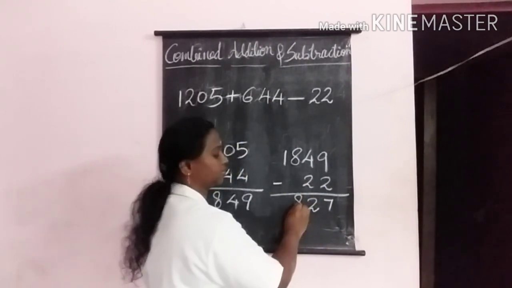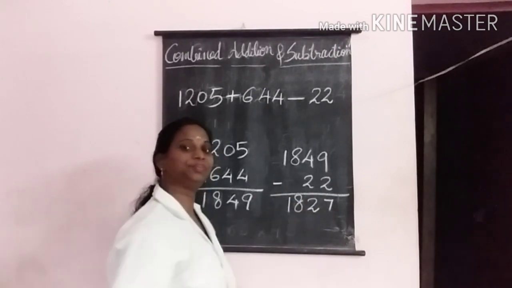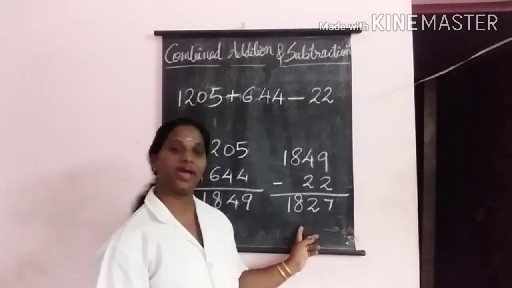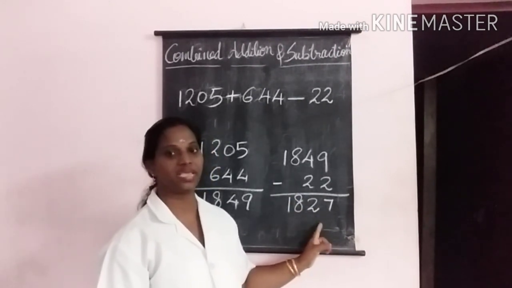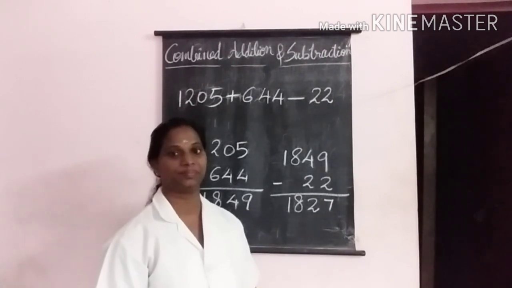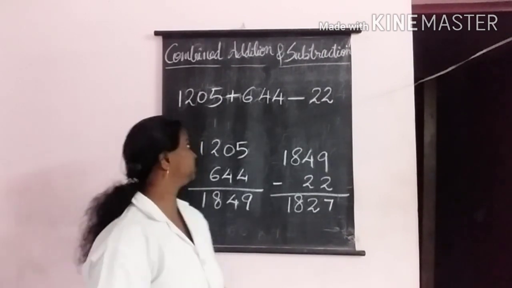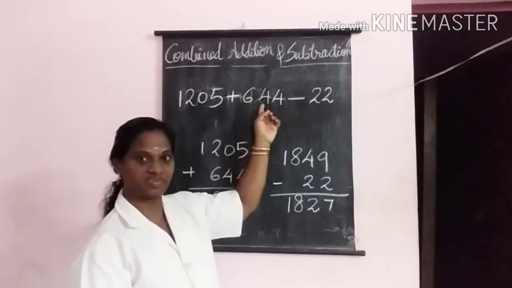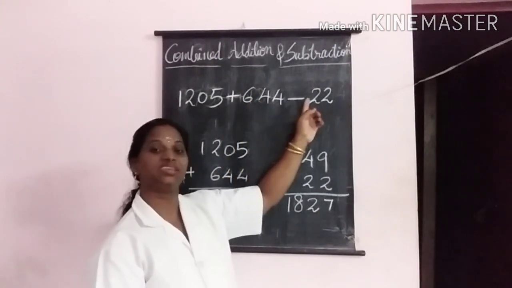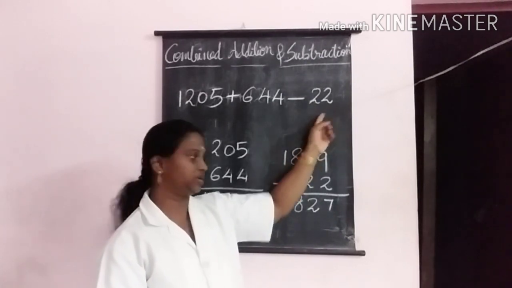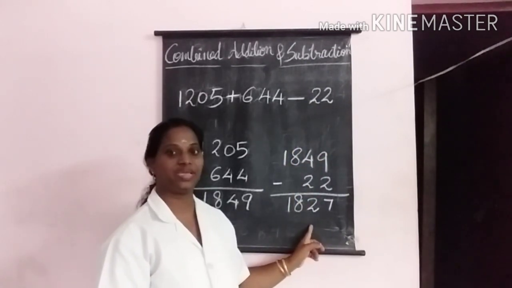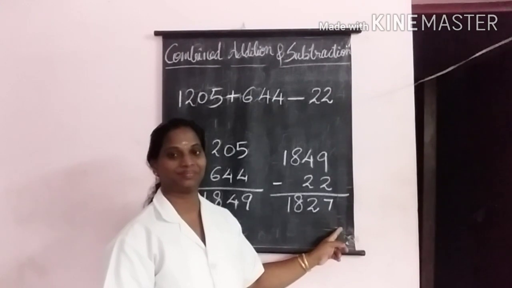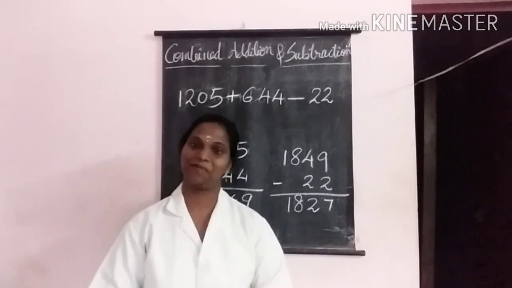Then bring down 8. Then bring down 1. So we get the final answer as 1,827. Okay, so for the question 1,205 plus 644 minus 22 is equal to 1,827. Clear? Okay, one more example.